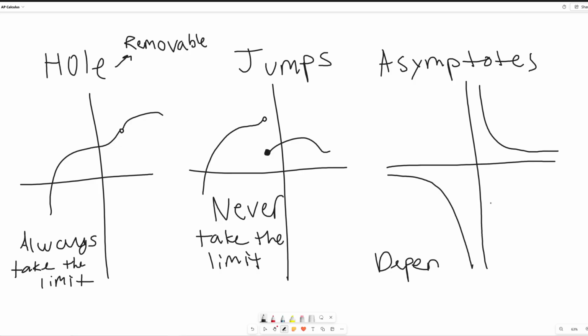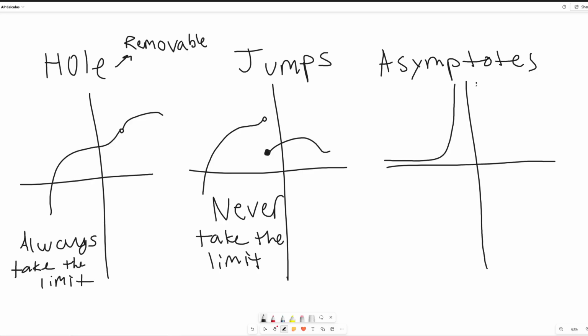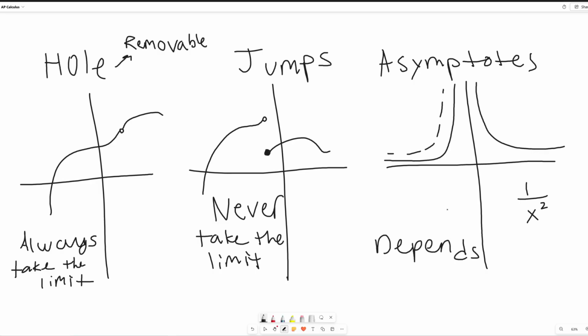However, if I had a function such as this, which you could model as 1 over x squared, then if I go from the left, I hit infinity, and if I go from the right, I hit infinity. So even though it is a vertical asymptote, you can still take the limit as x approaches 0.